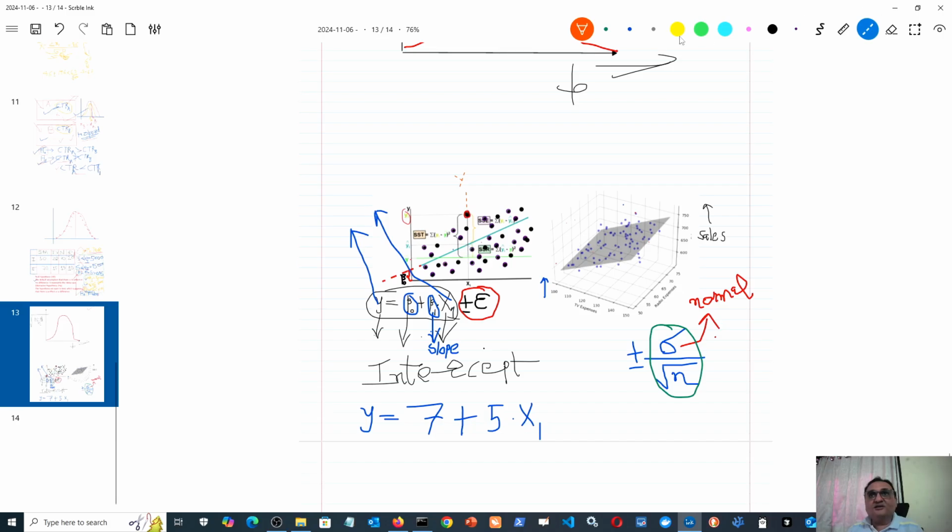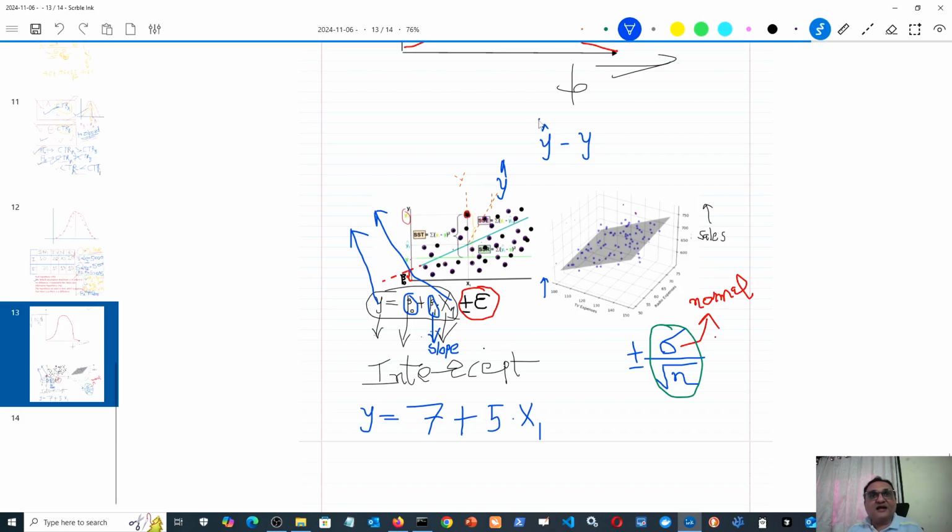This is called y actual, or simply y, and this on the line is called y predicted, often shown by y hat. Then we find the difference between the two: predicted value minus actual value. Here my predicted value is less, while the actual value is more.